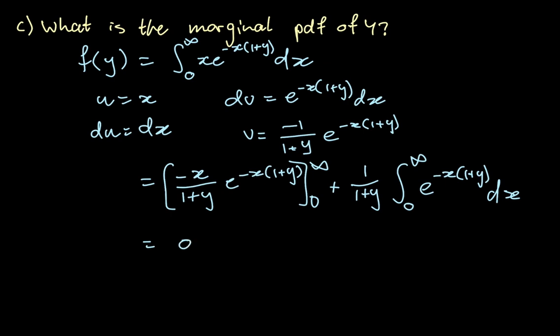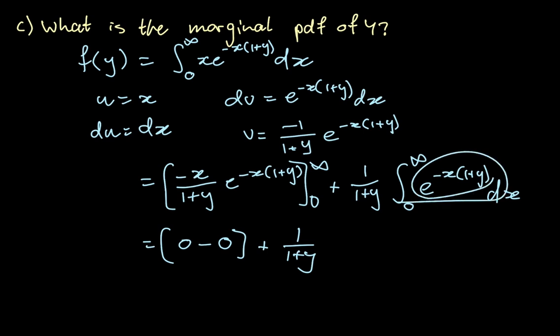And so our first one is 0. And then we subtract this expression evaluated at 0 for x. So e to the negative 0 times whatever, that just becomes 1. And this x will take the rest of the expression to 0. So 0 minus 0.